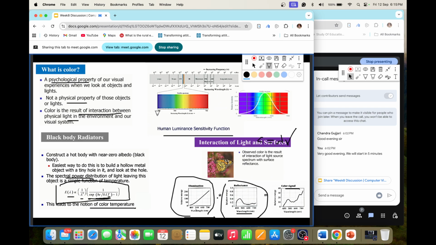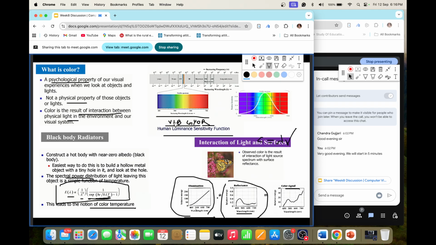This is the electromagnetic spectrum, which I have shown you. It consists of 7 colors, VIBGYOR: violet, indigo, blue, green, yellow, orange, and red. These are the 7 colors of VIBGYOR, which is the visible spectrum.